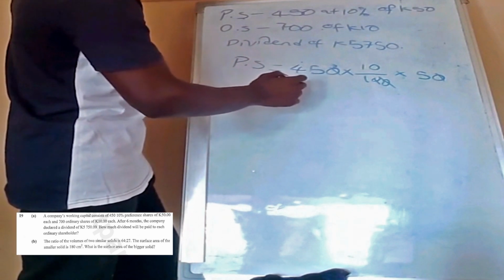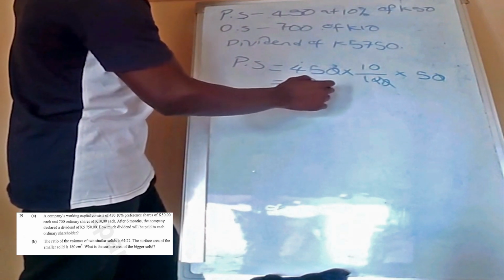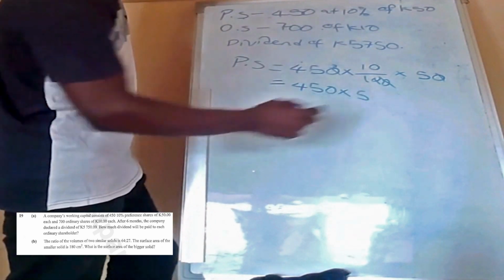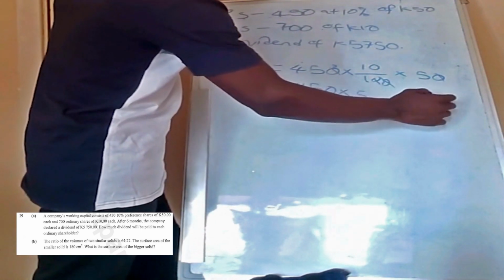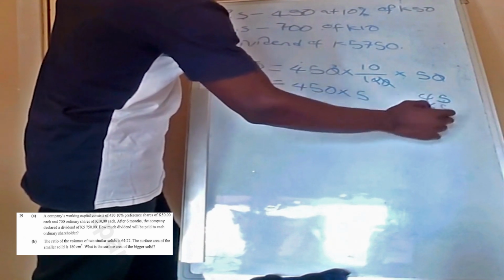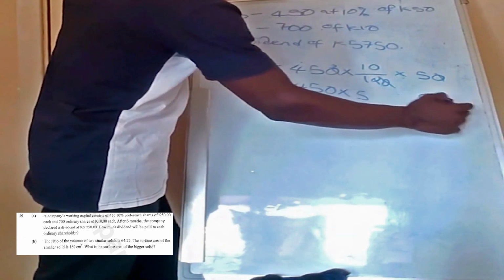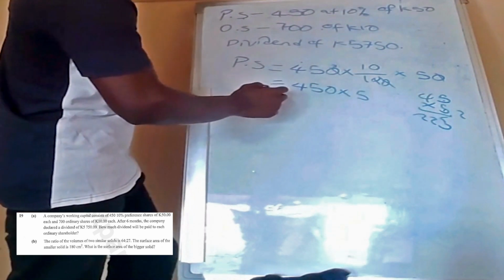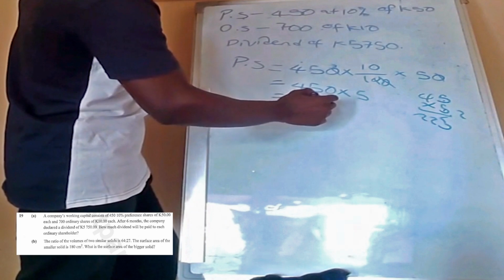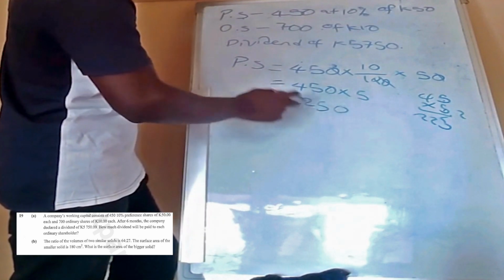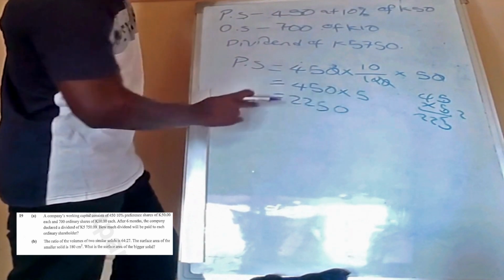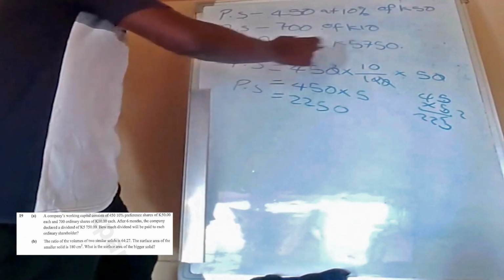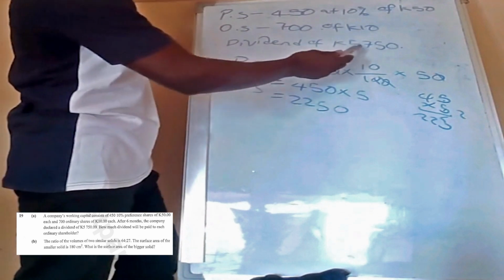So we're going to have 450 multiplied by 5. Now what is 450 multiplied by 5? Simply 45 by 5, which is 225. So we're going to have 2250. So this was paid to all the preference shareholders in that company, and this is how much they had said they would pay to everyone.